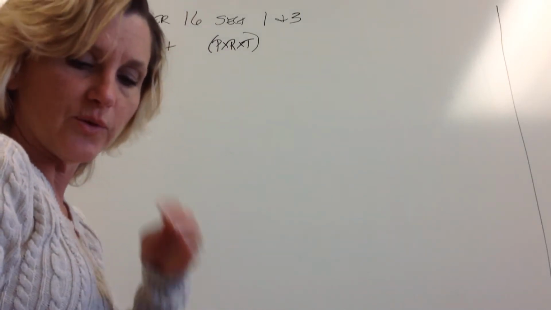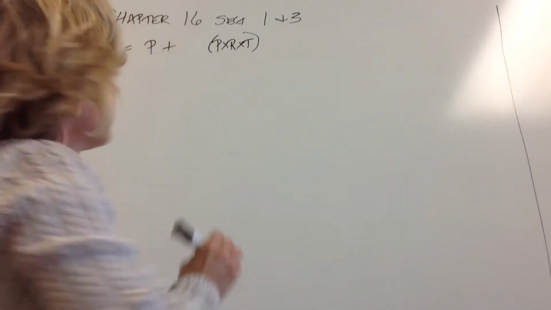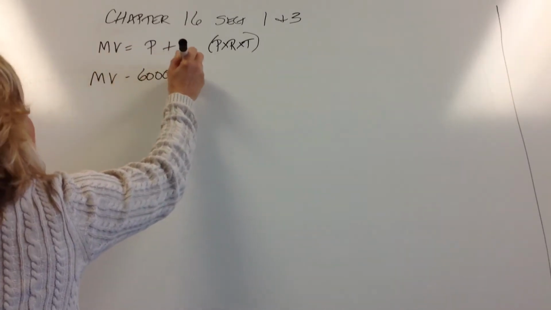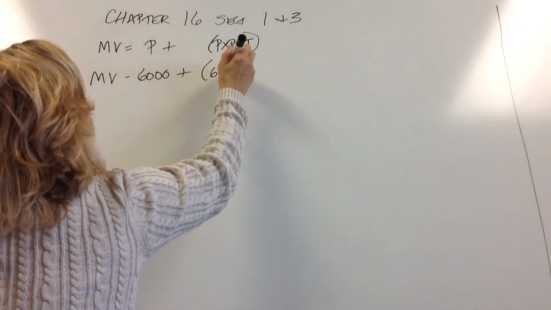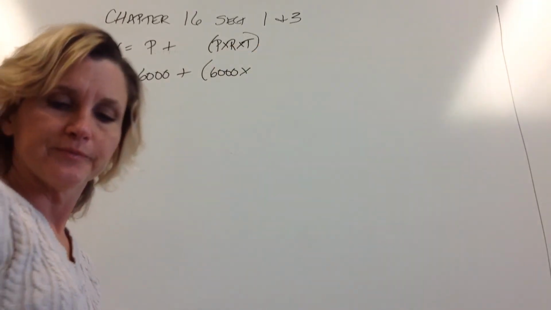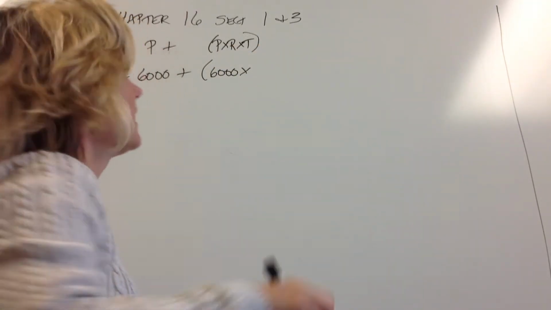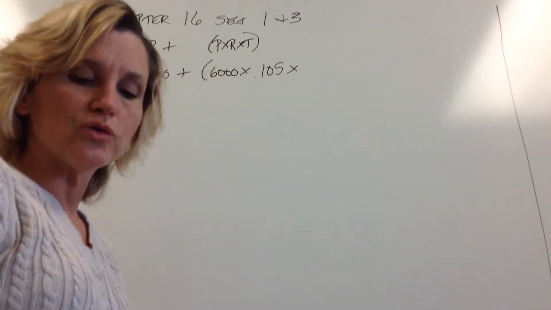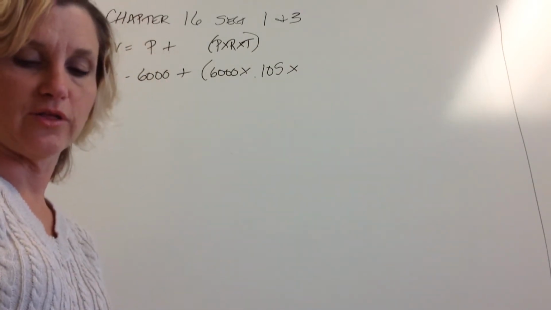So initially we've got the $6,000 that we have borrowed, so that's our principal, and that's what they get to charge us interest on. Our rate is 10.5%, and our total time for the note is 130 days.